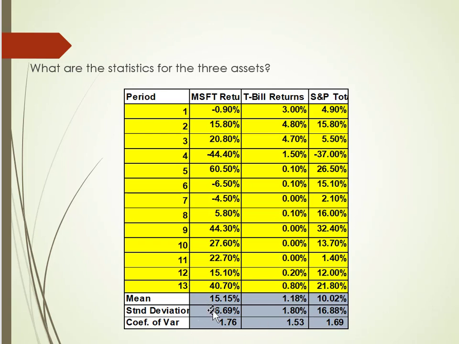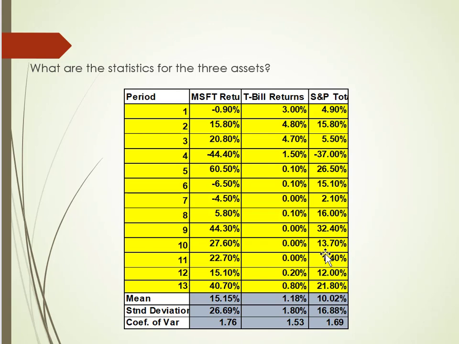The coefficient of variation also provides us with some indication as to the risk level. So again, what we find here is this is arithmetic average over this historical data.